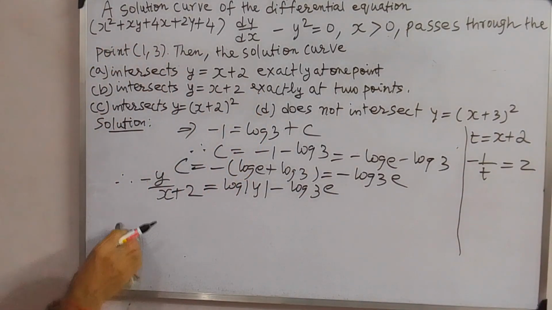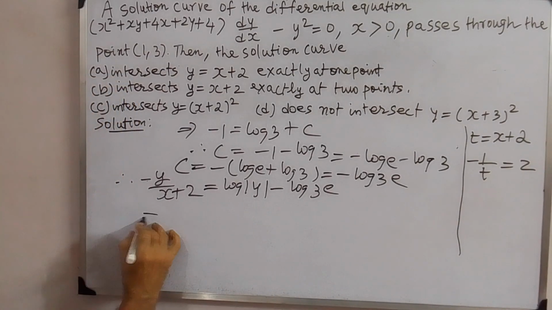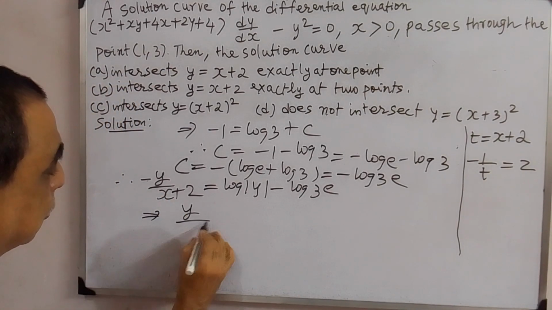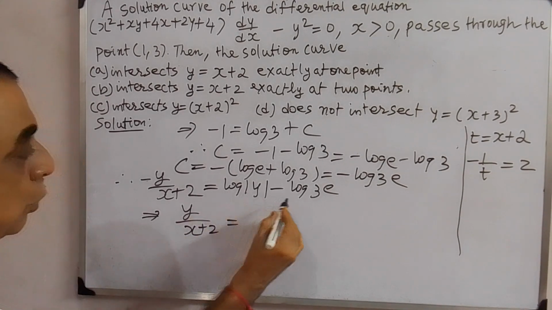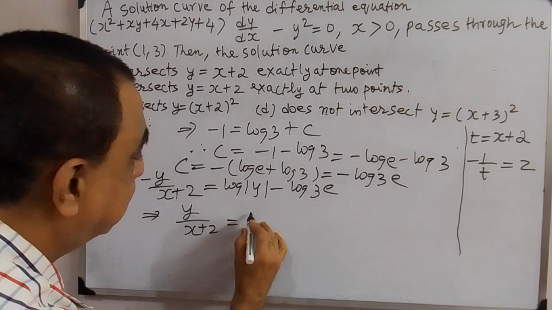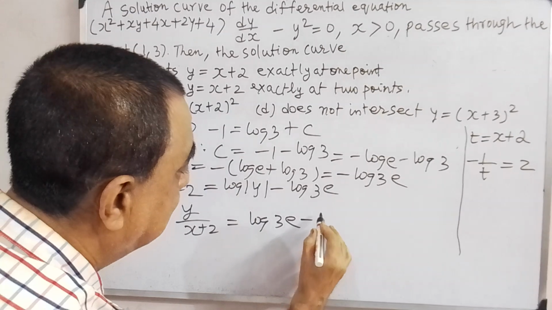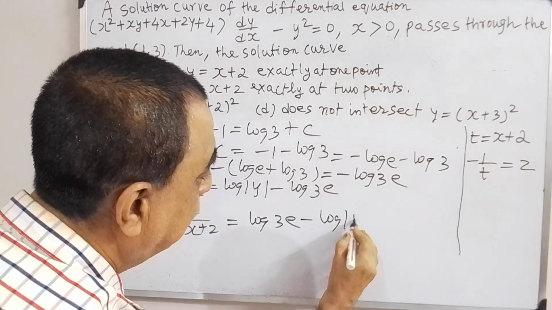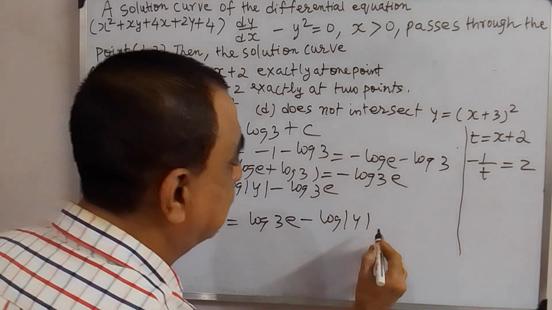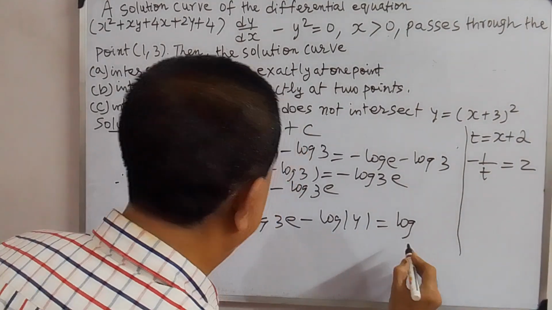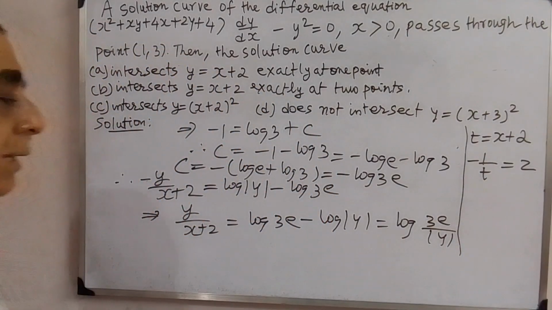Now change the sign throughout, so this minus is changed to plus. So y divided by x plus 2 is equal to minus log mod y plus log 3e. And log 3e minus log mod y changes into one log, which will become log of 3e divided by mod y.